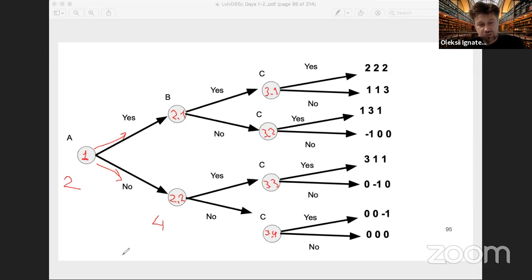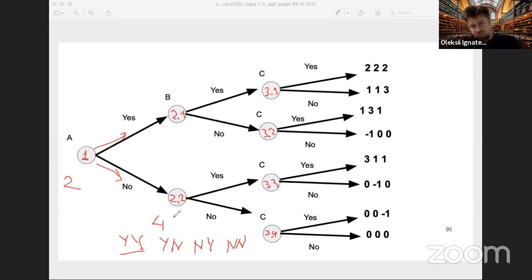What is a strategy here? We can denote it with yes-yes, yes-no, no-yes, and no-no. What's the meaning of this strategy? Well, yes-yes means that I give money if A gives money, and I give money if A does not give money.